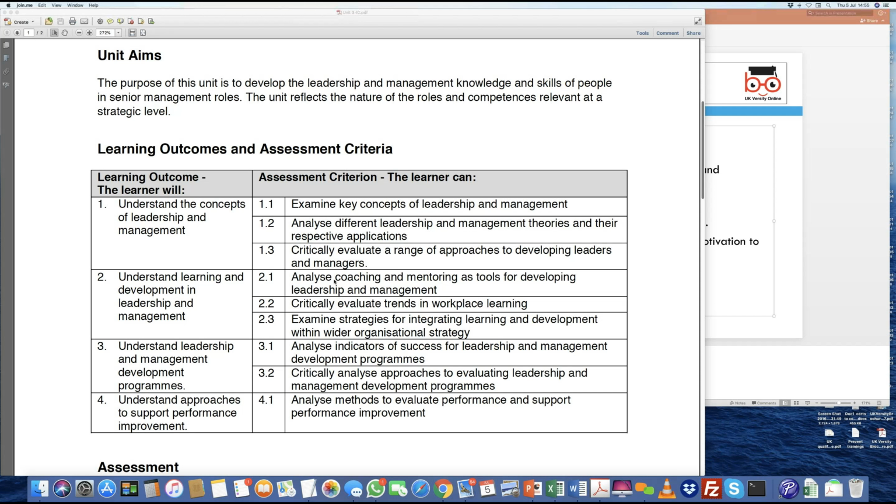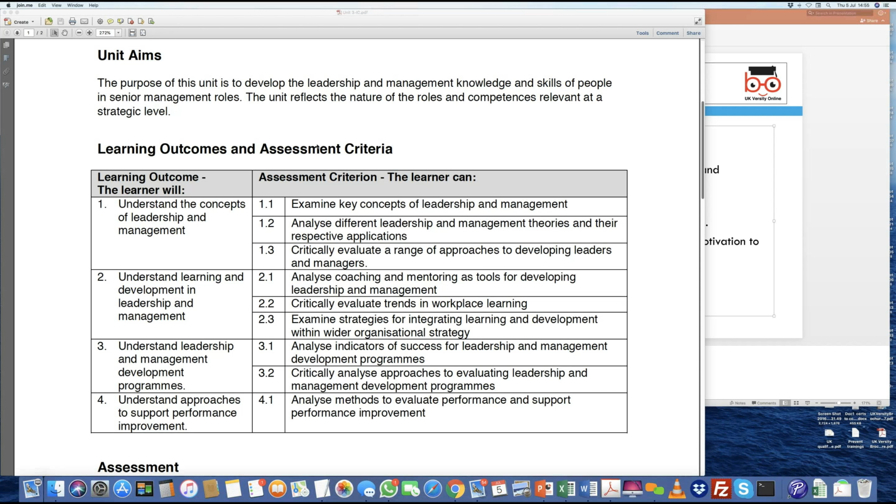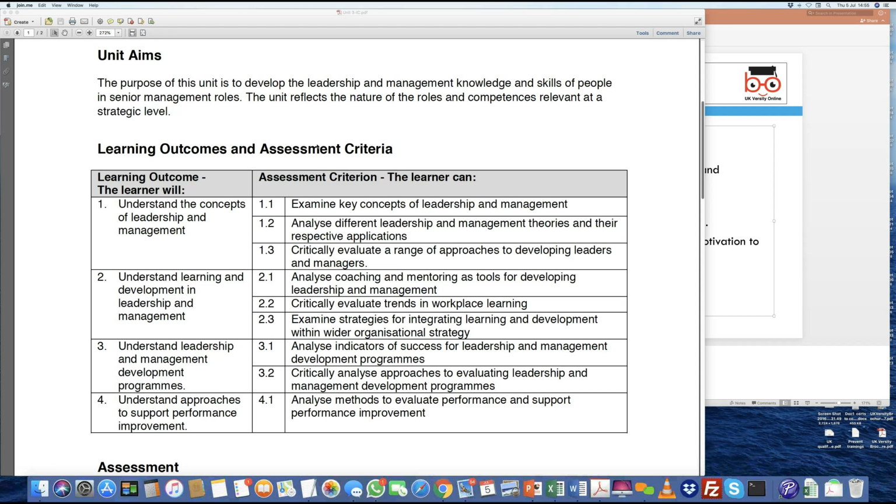These programs tend to be what are called executive learning or executive development programs. So we need to understand why people go into these programs, and what the relevance of these programs is when we look at developing leadership and management within key people in the organization. This learning outcome focuses on understanding how this is taken forward, because you cannot have all the people in leadership positions.